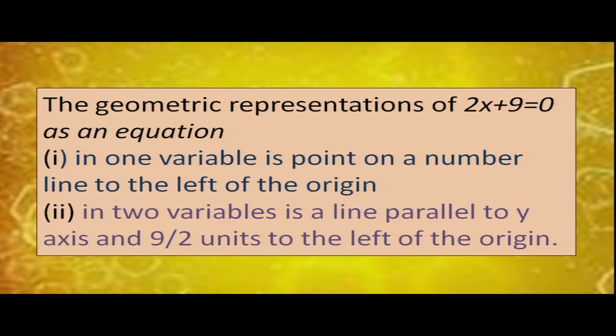Why? If we solve this, we can see that the value of x is −9/2. As the point −9/2 lies to the left of the origin, we can say that this is a point to the left of the origin.